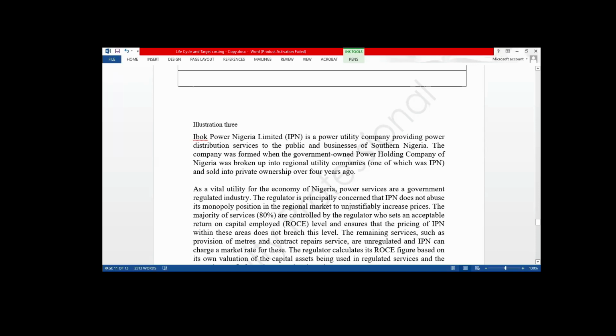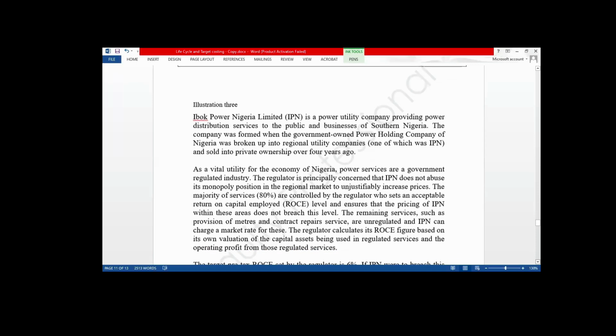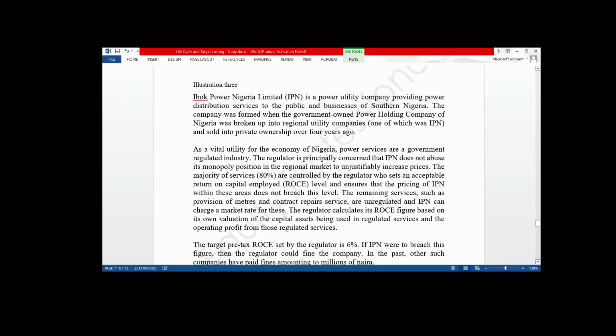IPN can charge market rates for these. Regulators calculate return on capital employed figure based on its own valuation of capital assets being used in regulated services and the operating profits from those regulated services.